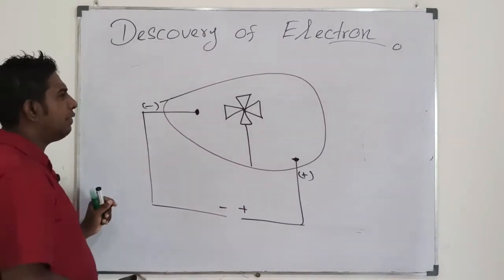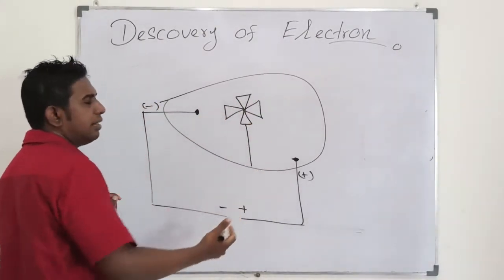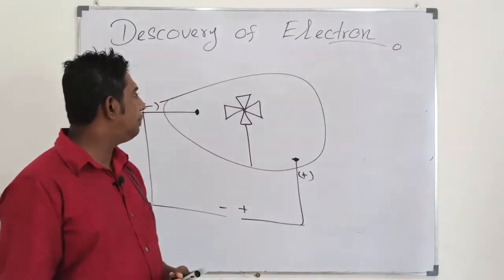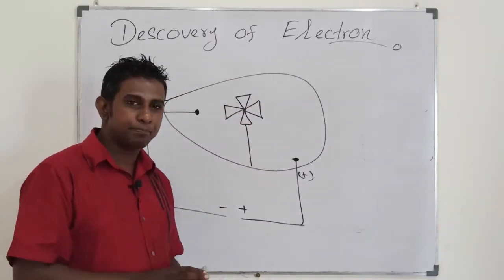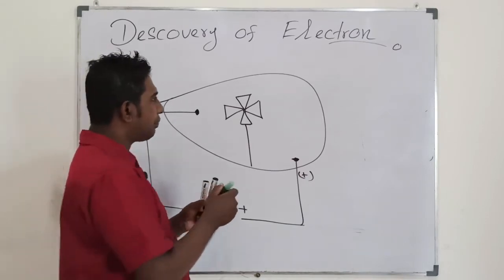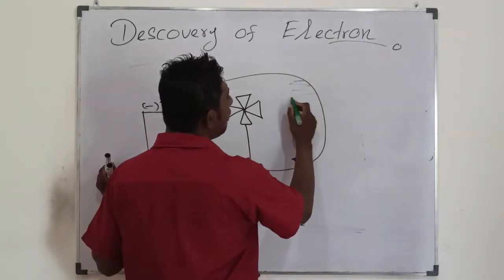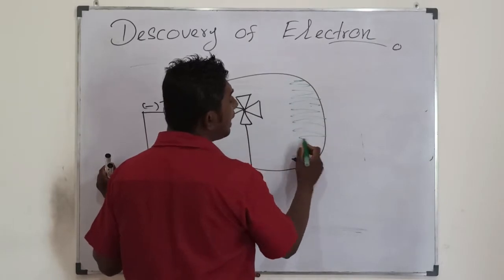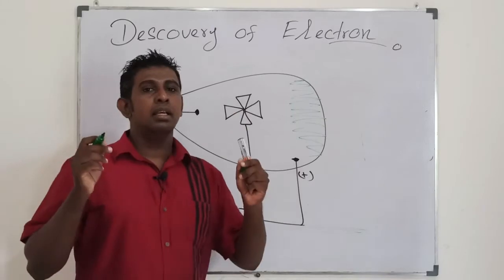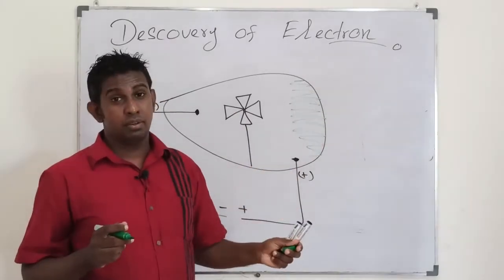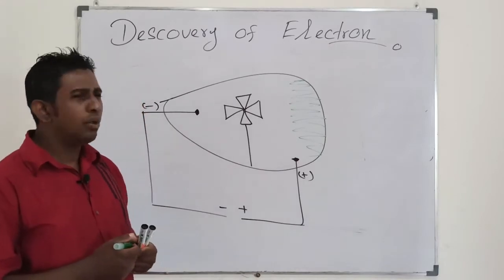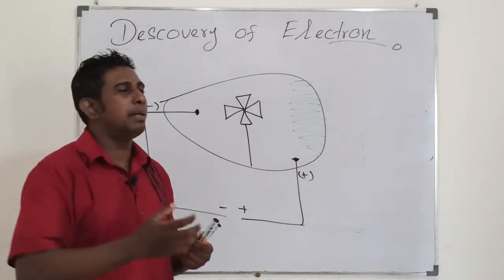He wanted to check whether the shadow of the object would appear on the rear side, the opposite side of the cathode. So students, he coated a very thin smear of zinc sulfide upon the wall opposite the cathode. So that was his purpose.